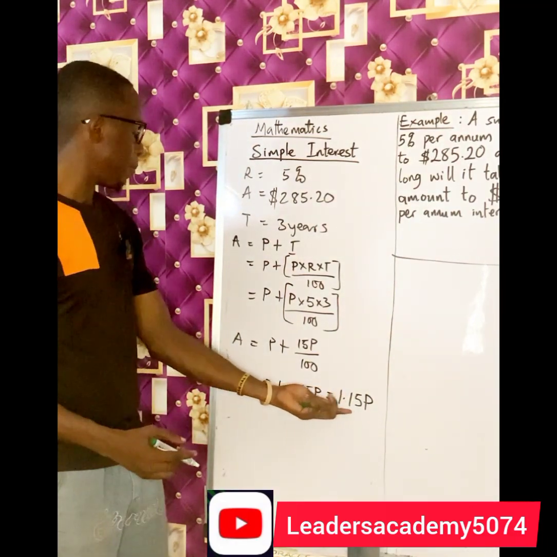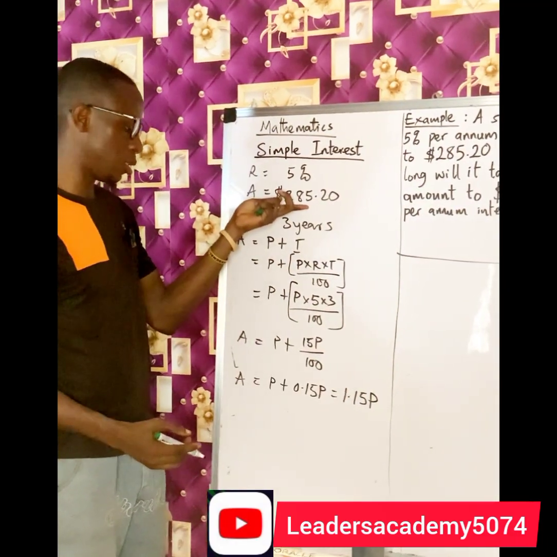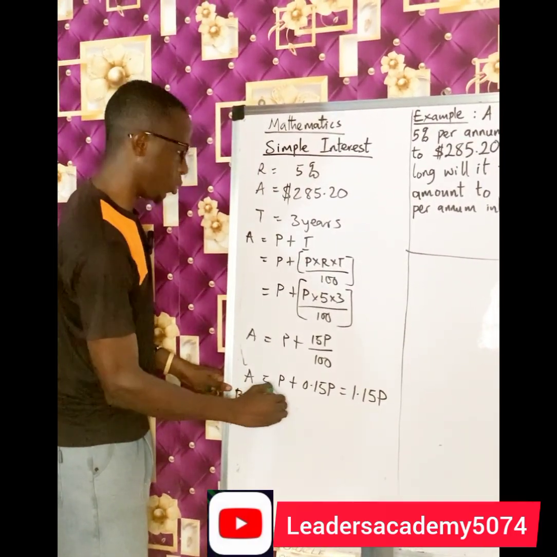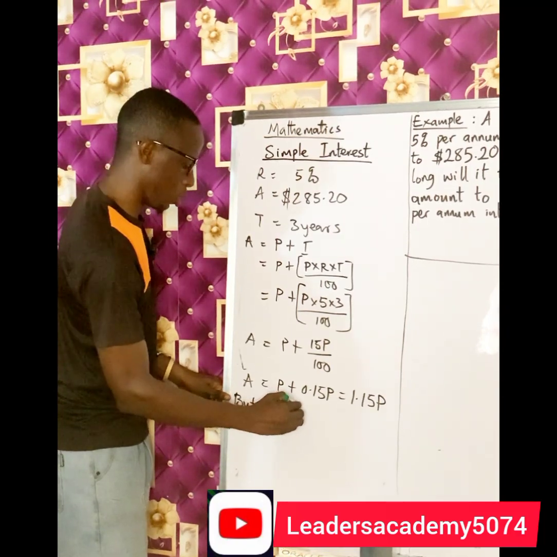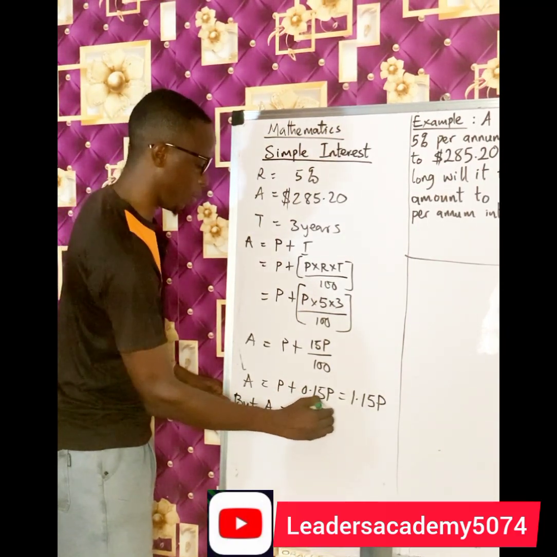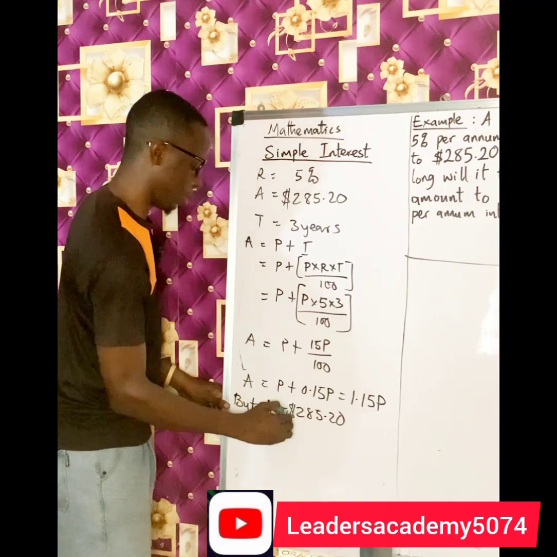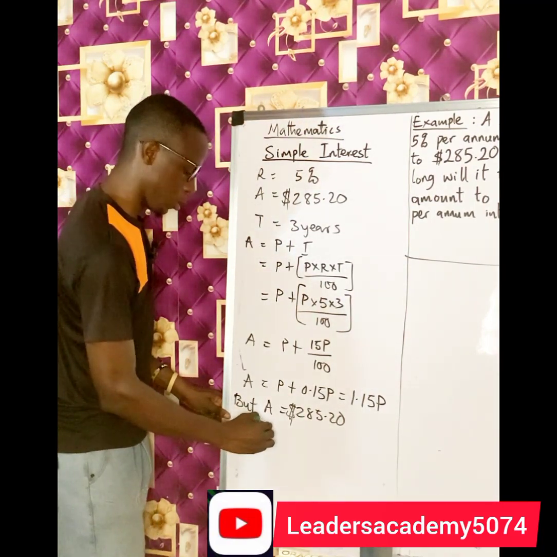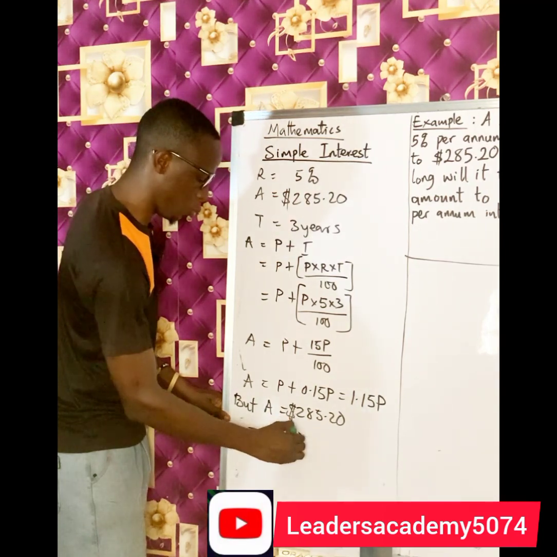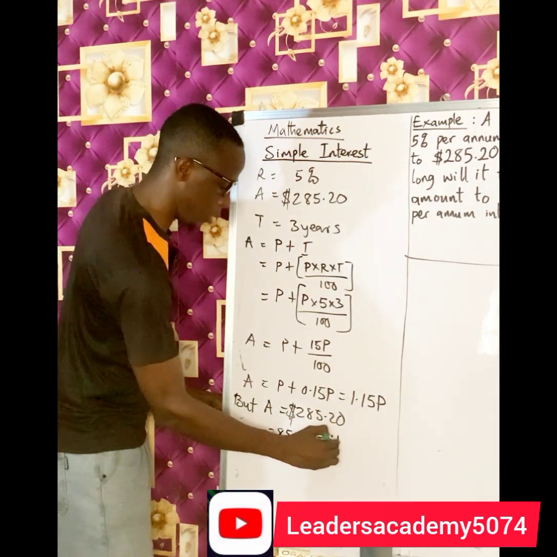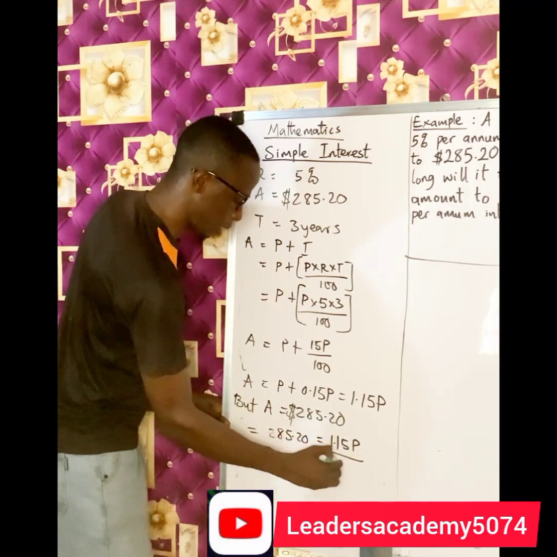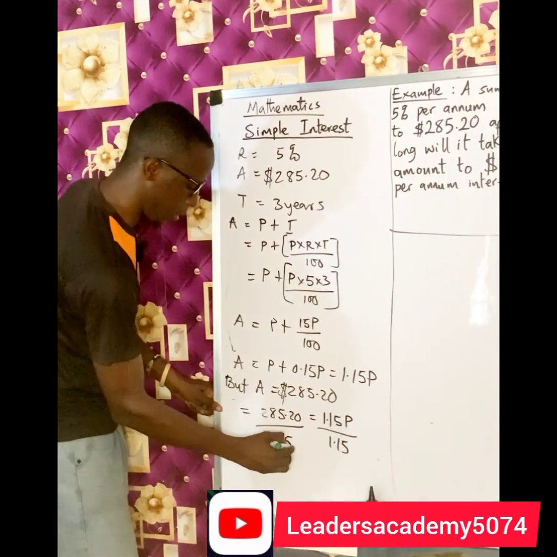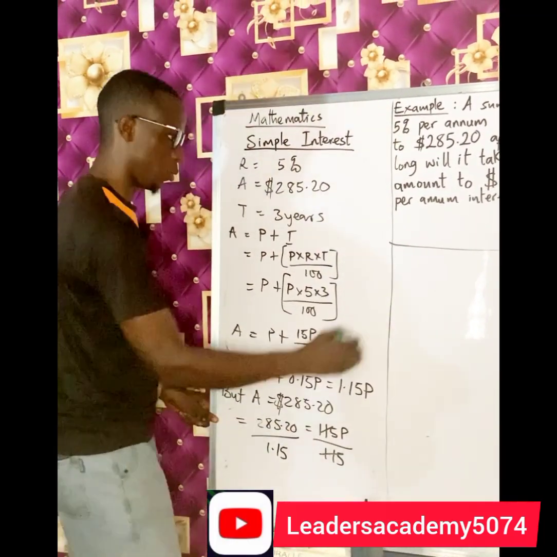This is the amount we got, and this same amount is equal to $285.20. So you have 285.20 equals 1.15P. Divide both sides by 1.15 over 1.15, they cancel.